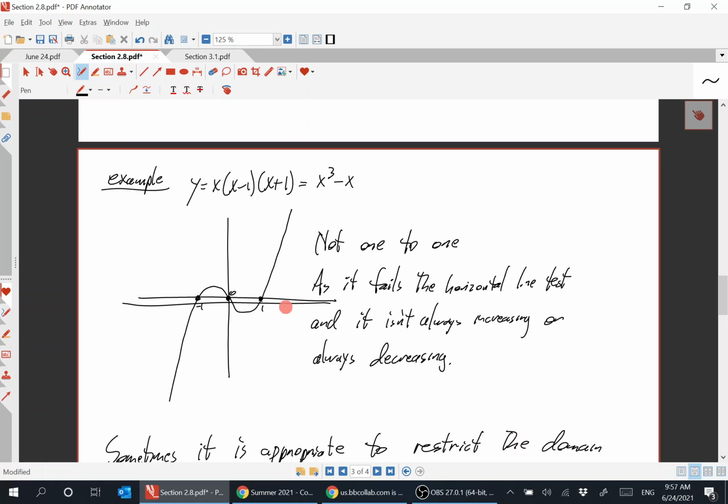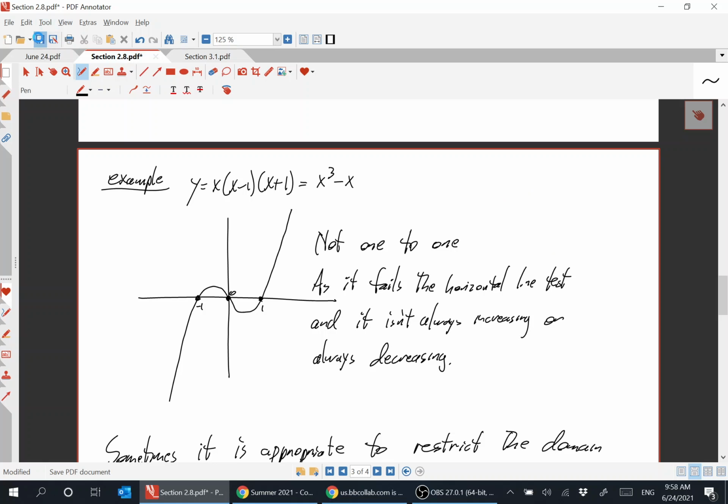Horizontal lines intersect up to 3 times. This horizontal line intersects 3 times. This horizontal line intersects twice, and so on. If you intersect a horizontal line more than once with a continuous function, you're going to have to increase past and then decrease past at some point.